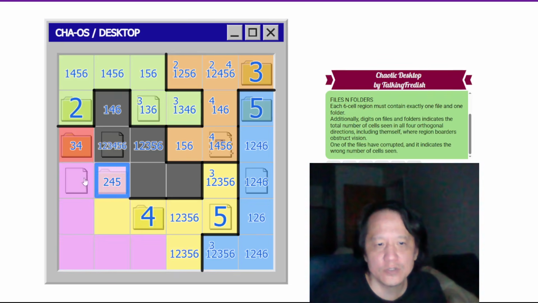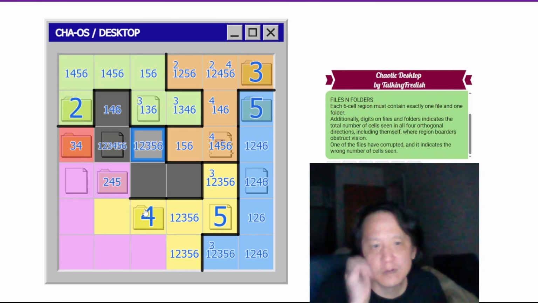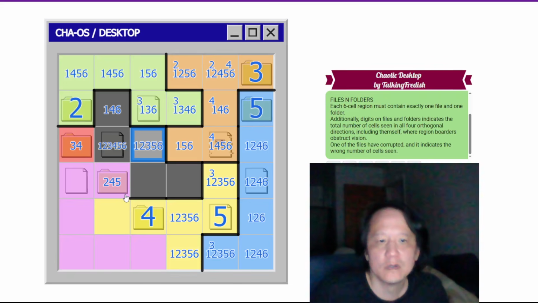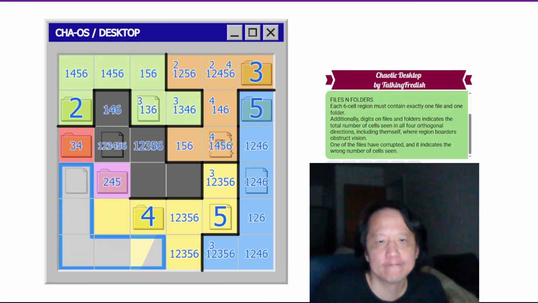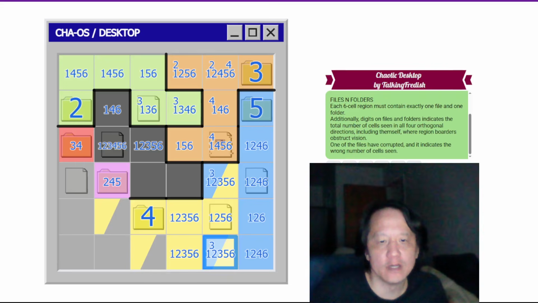This sees 2, this sees 4, this sees 3, this sees 4. That seems okay. This is 3. Okay, let's try the other way then.